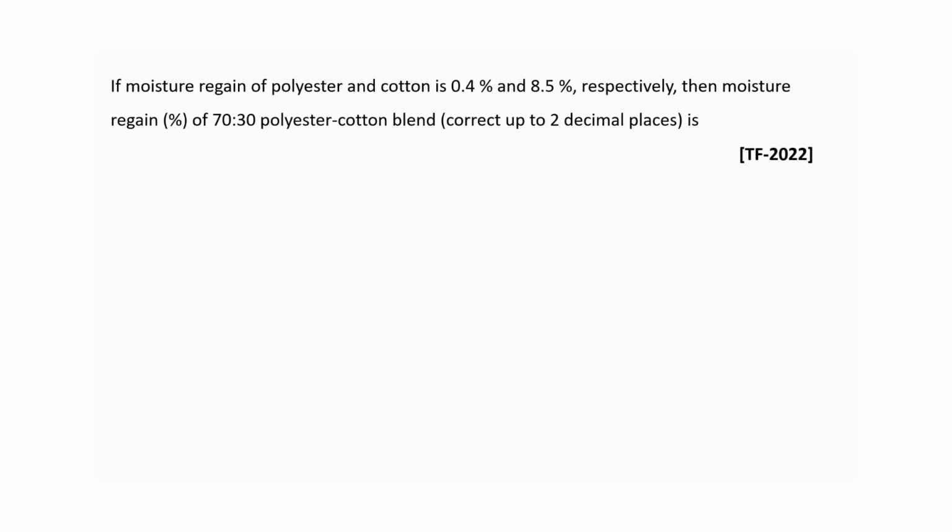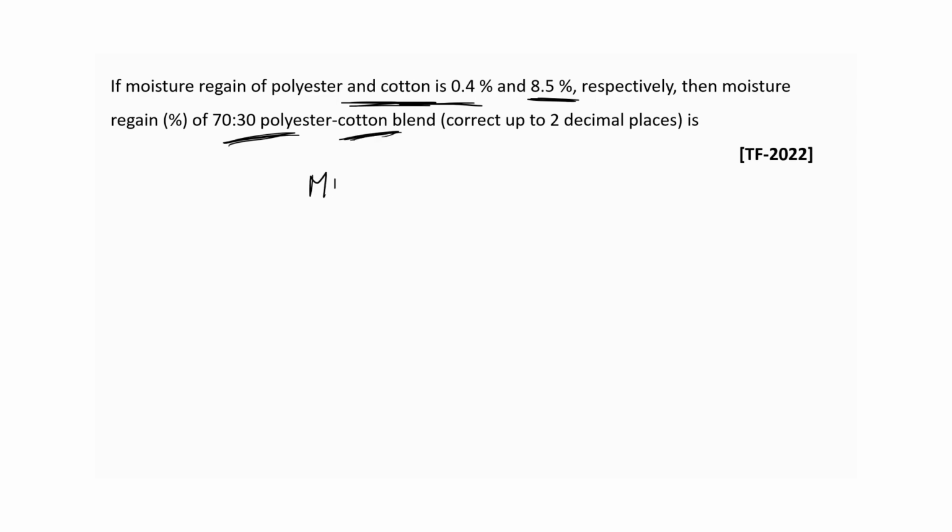If the moisture regain of polyester and cotton is 0.4% and 8.5% respectively, then the moisture regain of a 70% polyester to 30% cotton blend, in 2 decimal places, is. So it is a 70 to 30 PC blend, polyester cotton blend.